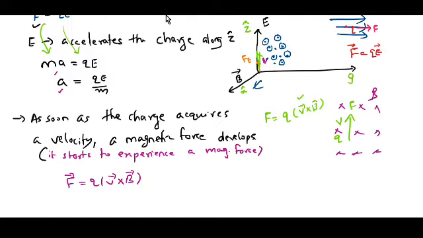The velocity of the charged particle is around this direction v, and to find the direction of the magnetic force, we have to apply the right hand palm rule.